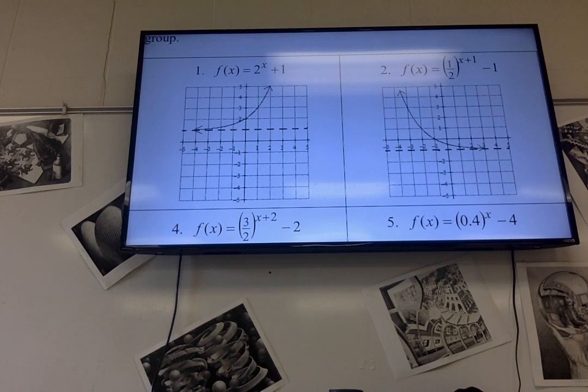Notice we're going from left to right, so we're going up. So this is growth. And then number 2 would be decay because it goes from the top to the bottom. It's lowering, it's decreasing. So label all those. I guess 3 through 12 is left. And we just put a D or a G.